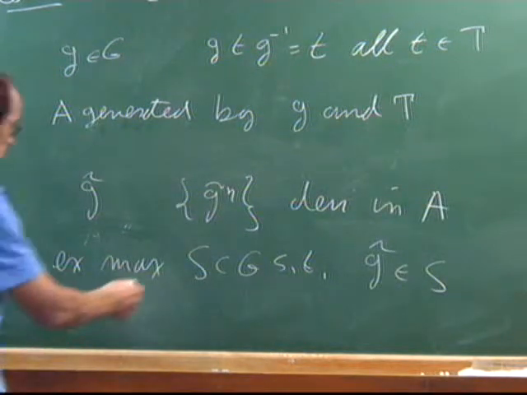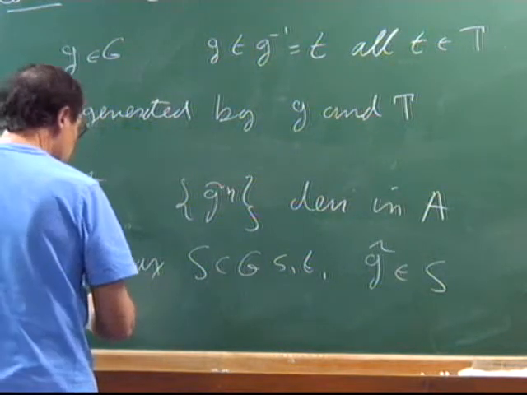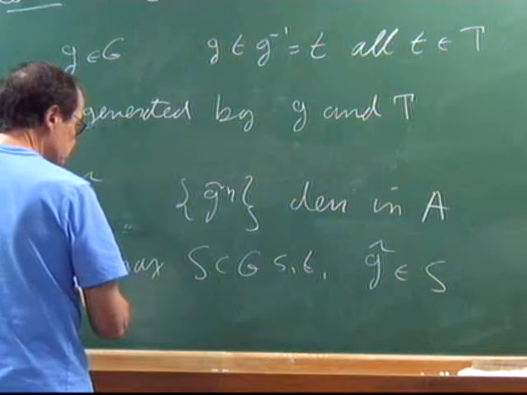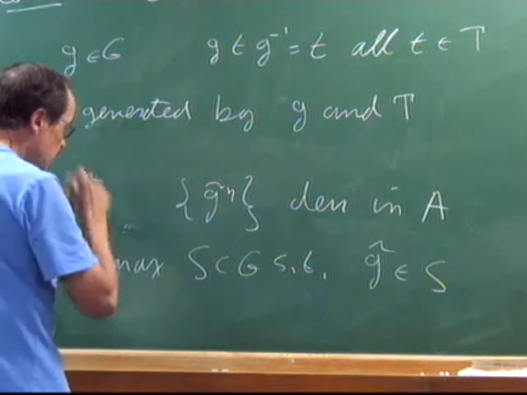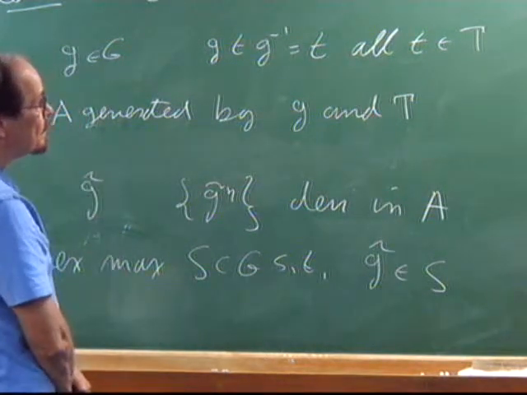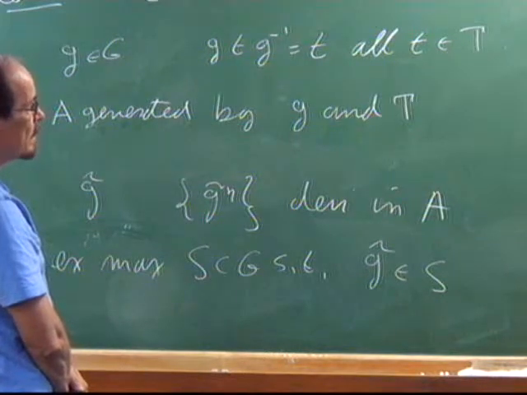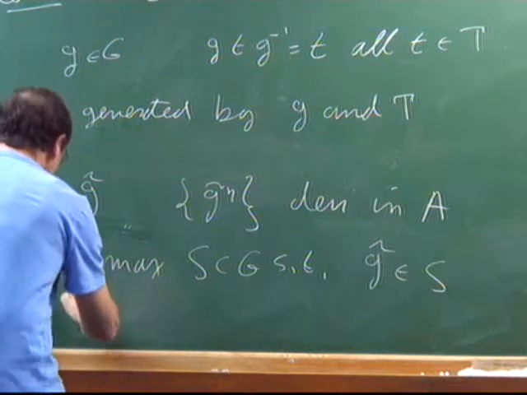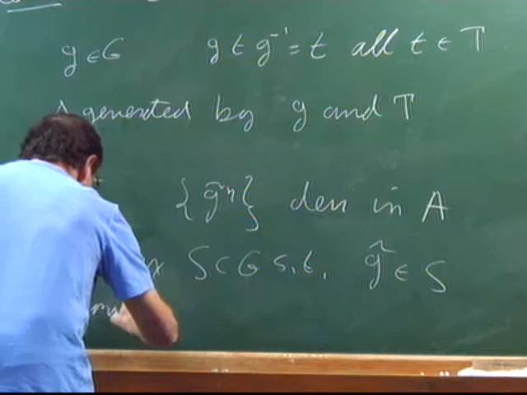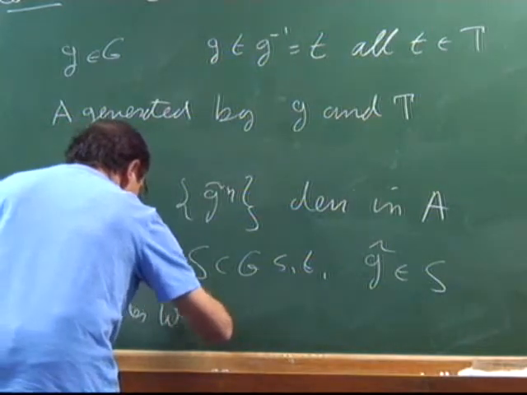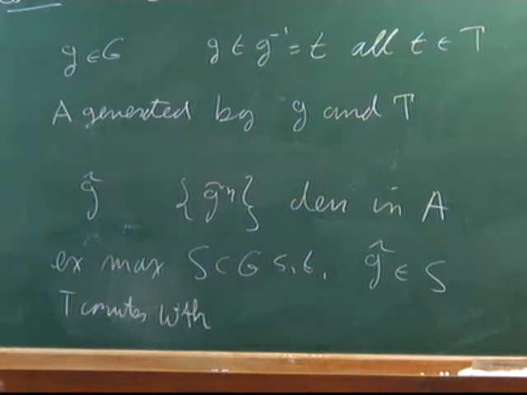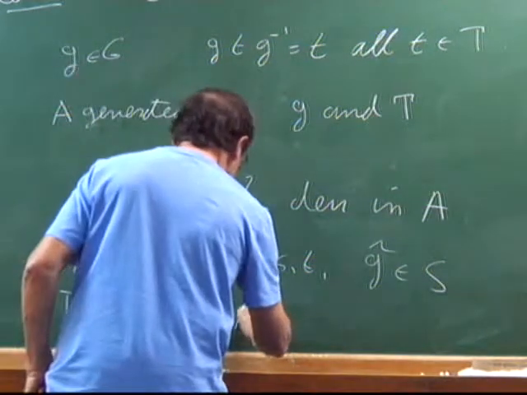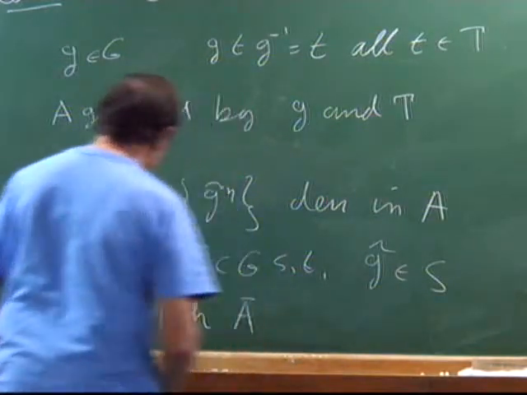And what do I know now? I claim that T commutes with A bar, certainly, by definition.